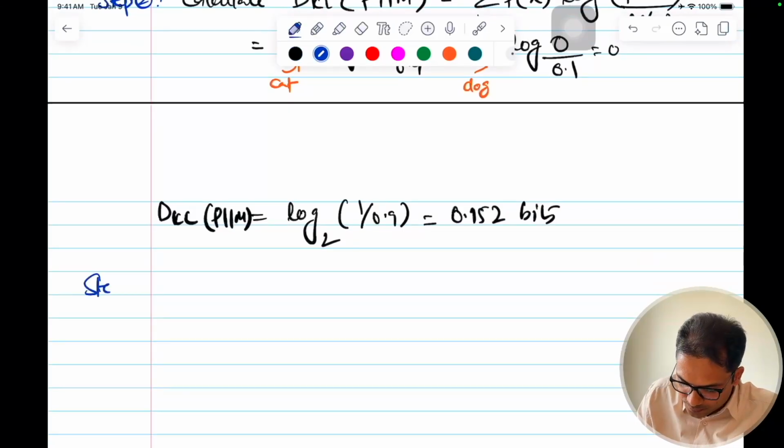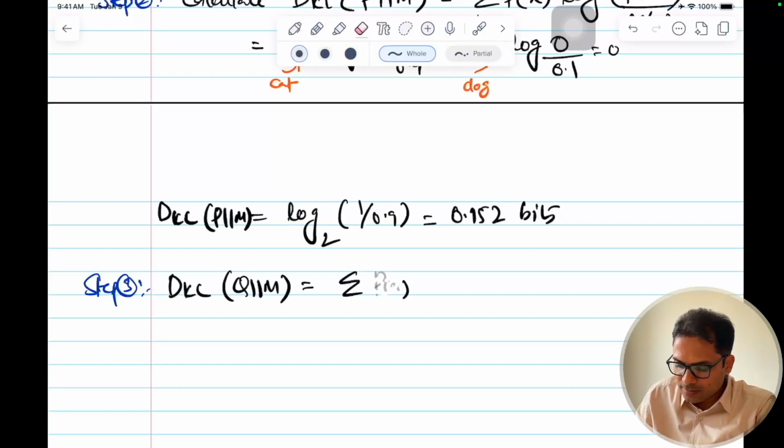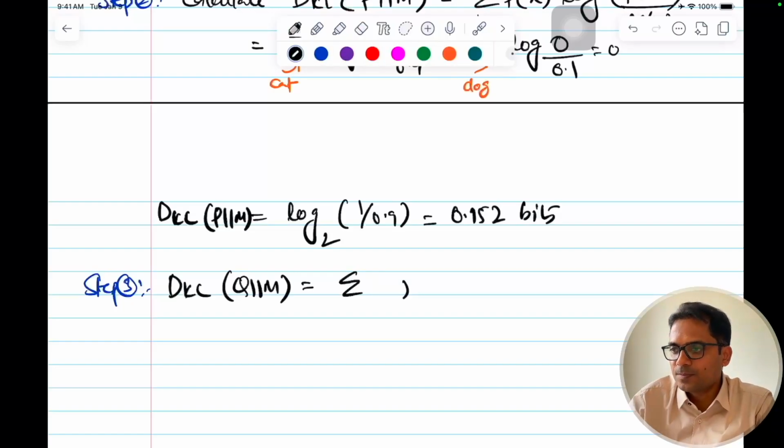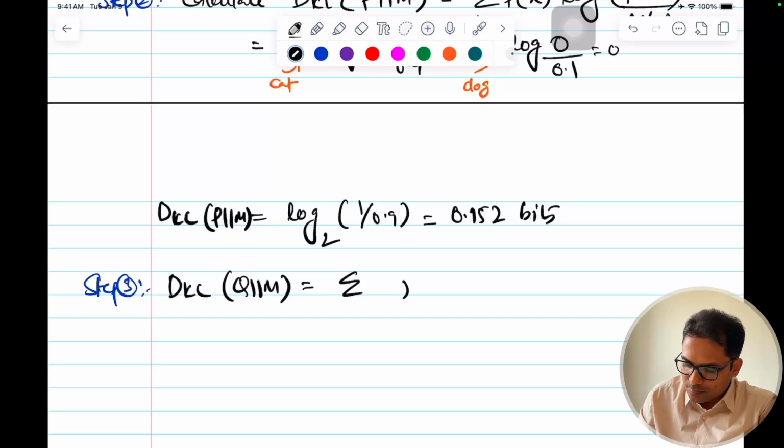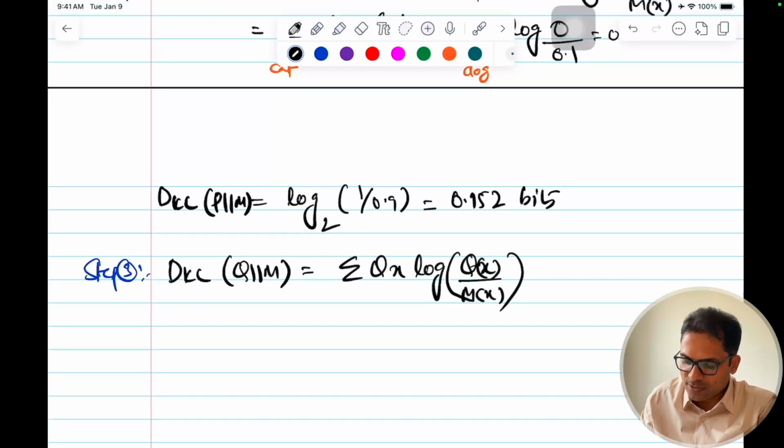Step 3, the other part, DKL of Q and M. So this will be again summation of Qx log of Qx by Mx, summation of this.